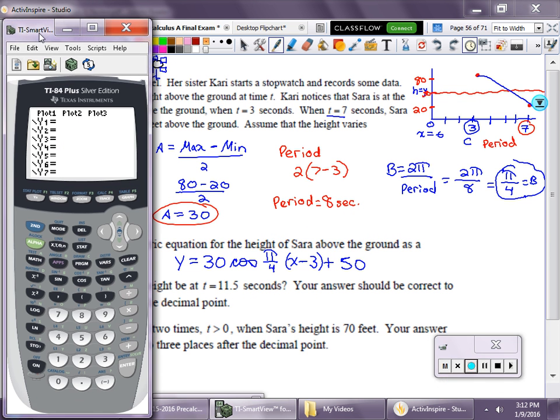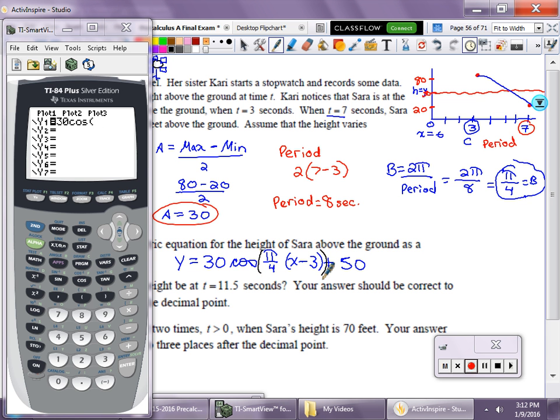Okay, so now we're just typing in this information from what we have: 30 cosine, open a set of parentheses. We have to do that same thing as before. We're going to open it, we're going to have to close it.